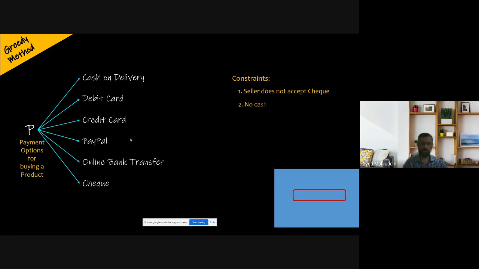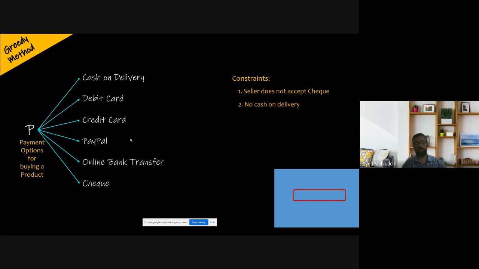So there is no way a customer can pay by using checks. And the other constraint is that there is no cash on delivery option available. Though cash on delivery and checks are among the solutions for making a payment, the constraint is that the seller does not accept checks and does not accept cash on delivery.